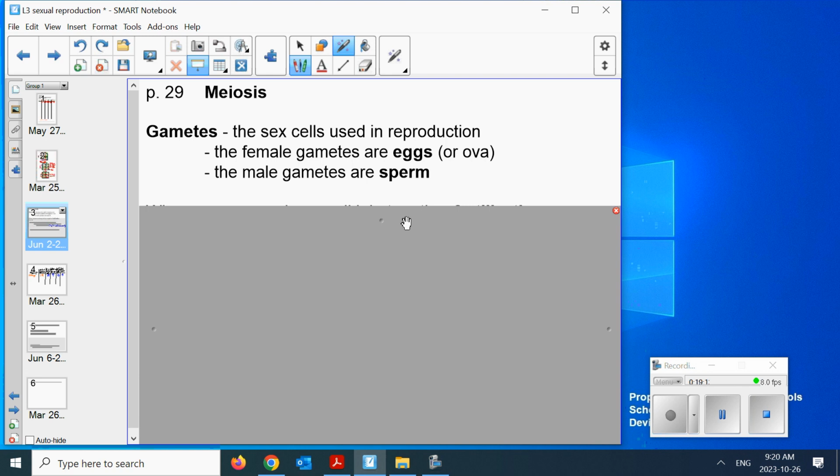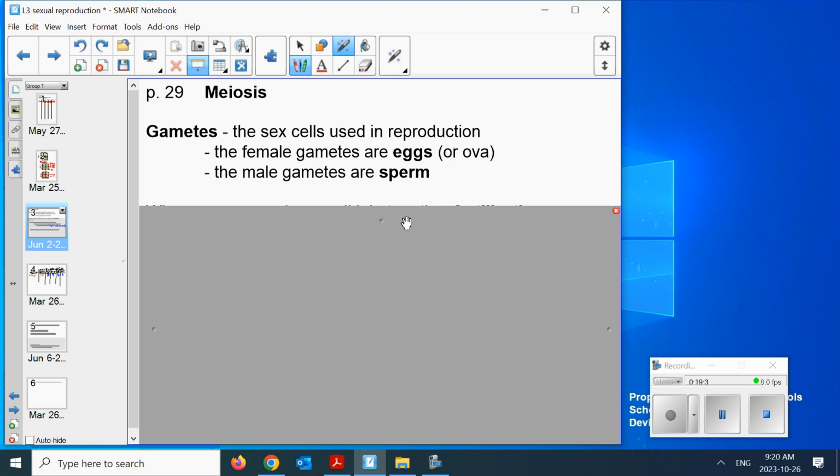So, you know how I was saying that in reproduction, everybody has, like I have 23 pairs of chromosomes, right? But I only want to pass on 1 out of each pair to my children.